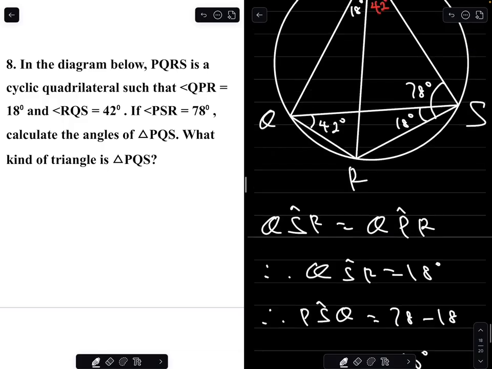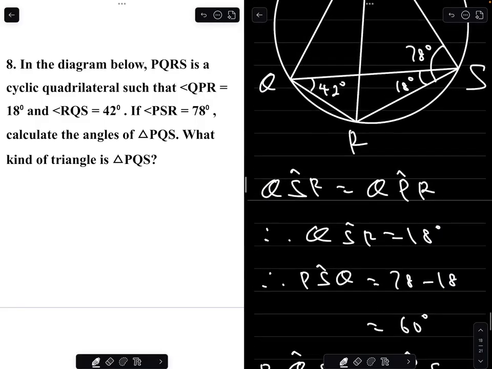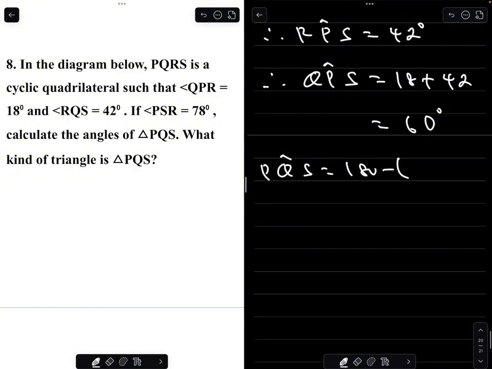So angle PQS is equal to 180 minus angle QPS plus angle PSQ. Let me find a way to make sure that I can write that on a single line.